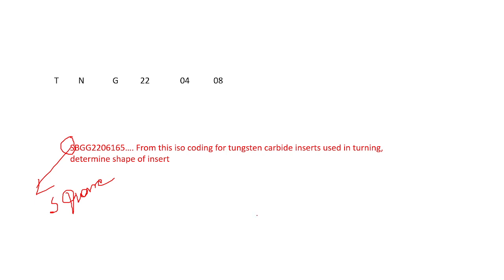C represents diamond at 80-degree, D is diamond 55-degree, and V is diamond 35-degree. So 80, 55, and 35. And T is the triangle. Those represent the shape of the inserts.